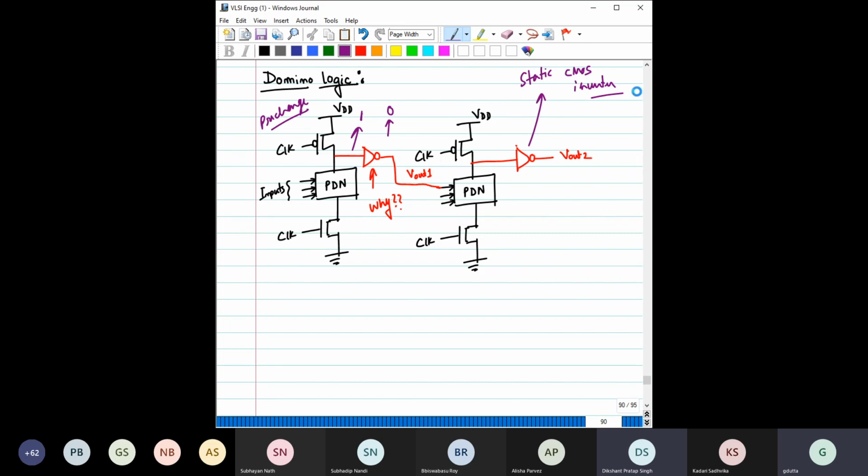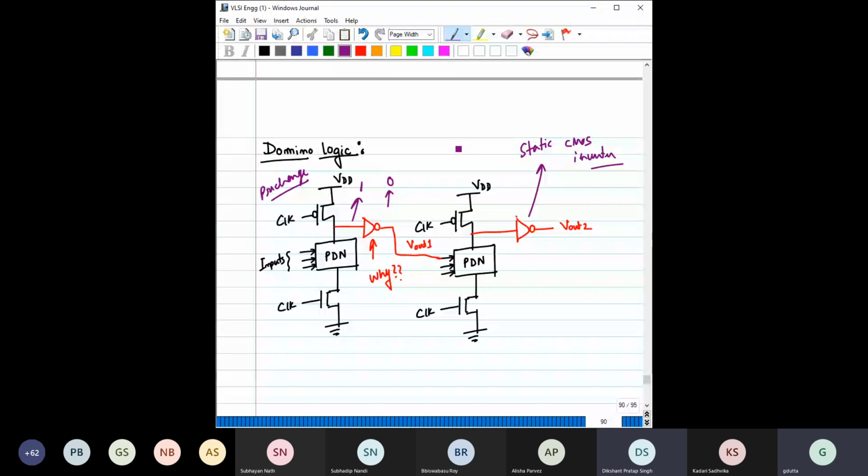Now, why is this called domino logic? Let us try to understand that. Do you know what domino means? Like falling dominoes.